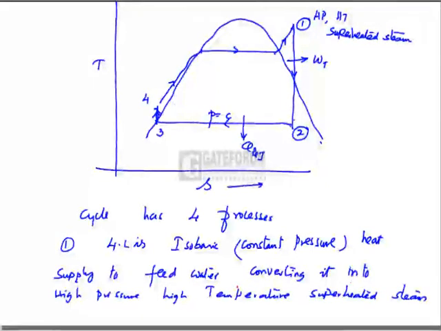This is done at boiler pressure, which is very high, in the range of 100 bar, 150 bar, 250 bar, sometimes even at a pressure more than the critical pressure of steam.